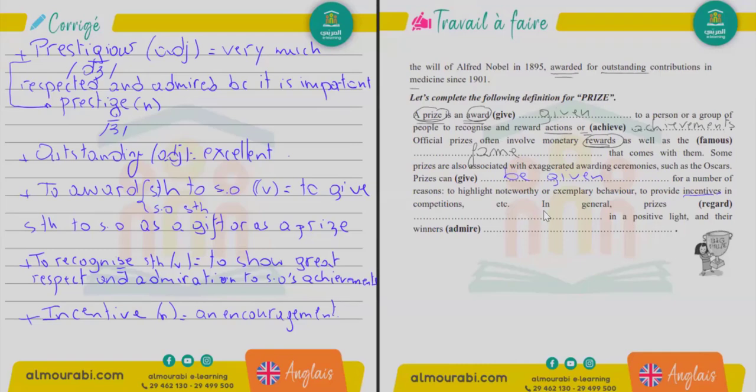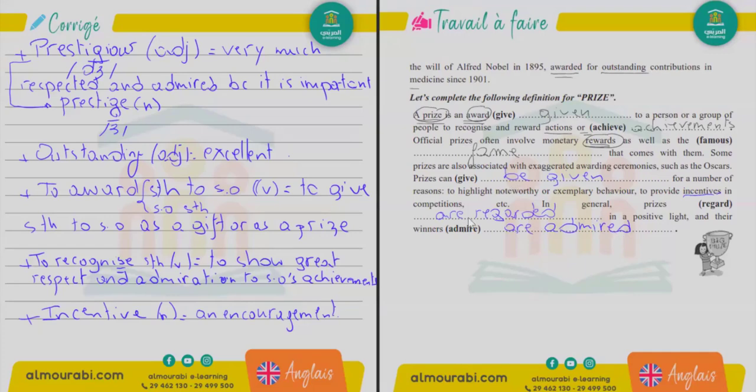Prizes are regarded in a positive light, and their winners are admired. So prizes are regarded in a positive light. They are regarded. The winners are admired. We are passivizing our sentences here, most of these.